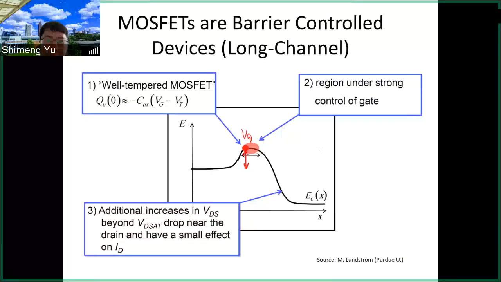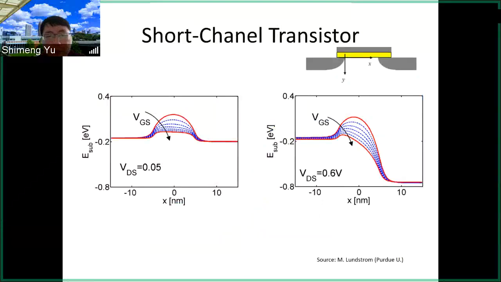But in the short channel transistor, for today's transistor, for example, here only less than 20 nanometers, the drain voltage will affect the source barrier. So here if you apply a large drain voltage, VDS, you push down the drain band, but the source barrier here will also be reduced.